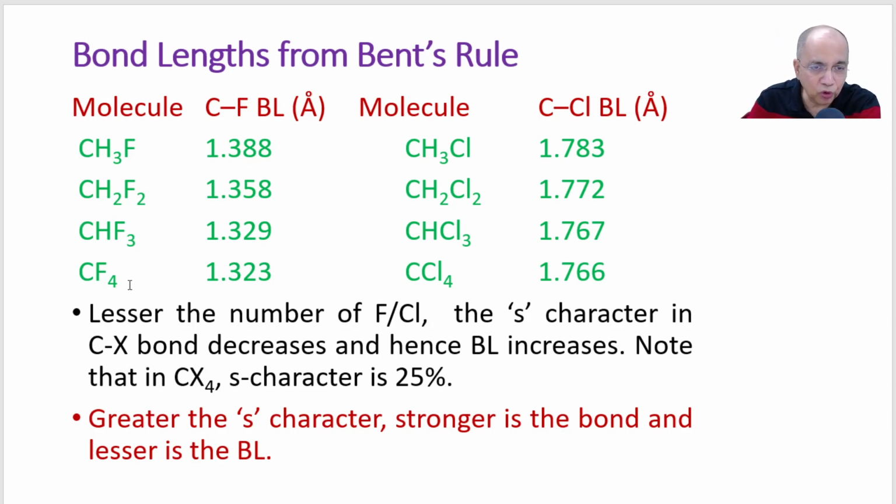Because if you go in this way from bottom towards top, it will be better for your understanding. Now in CF4 being a symmetrical molecule, the S character is 25% in each CF bond.